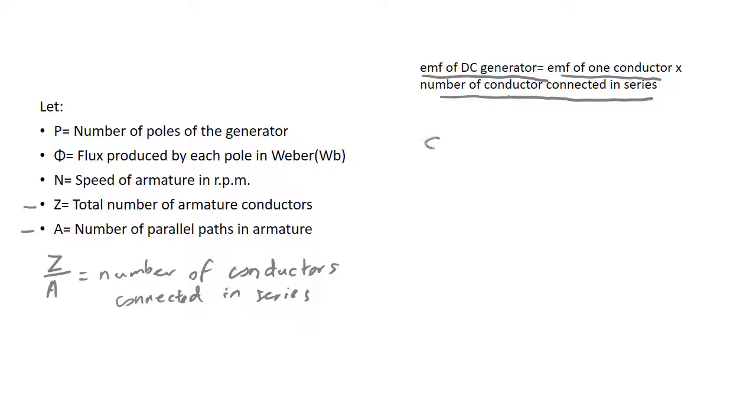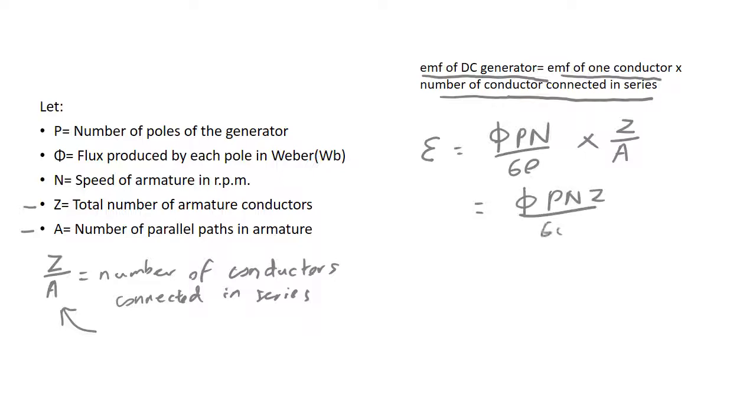So the EMF will be, from what we got just now, phi P n over 60 times the number of conductors connected in series, which is Z over A. And we will get phi P n Z over 60 A. So this is the EMF equation of a DC generator.